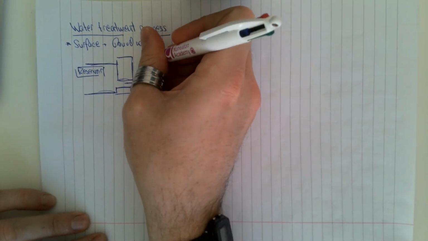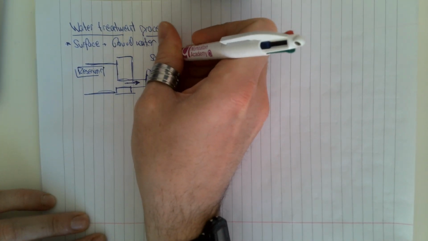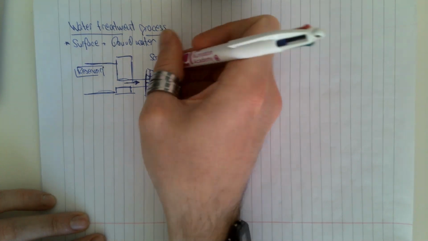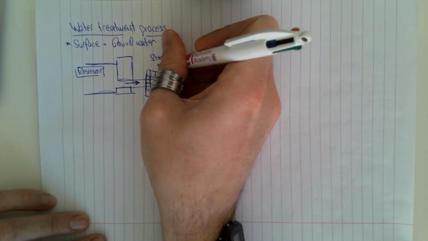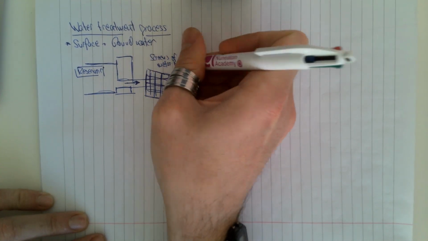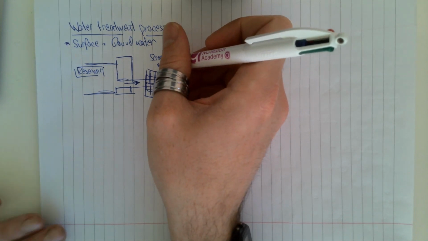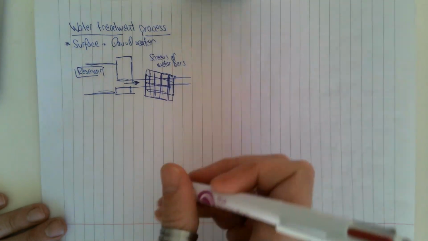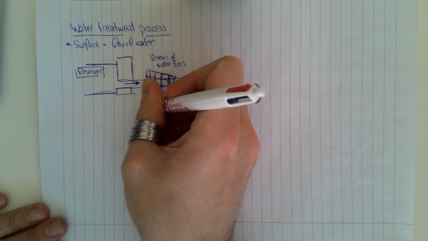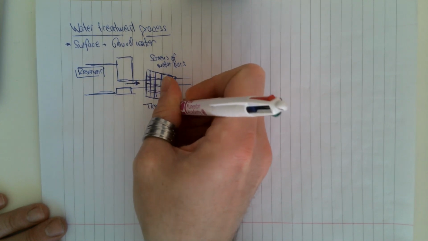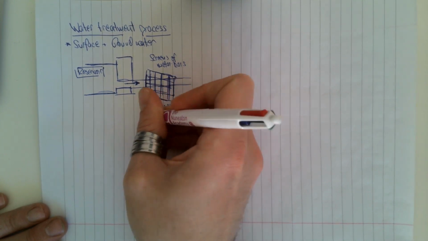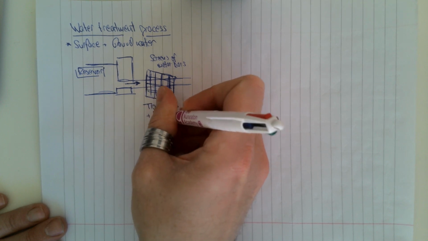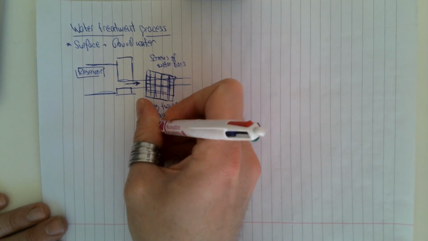Okay, screens of metal bars. Now, what these do is they trap twigs and leaves that might be in the water, and large sediment.